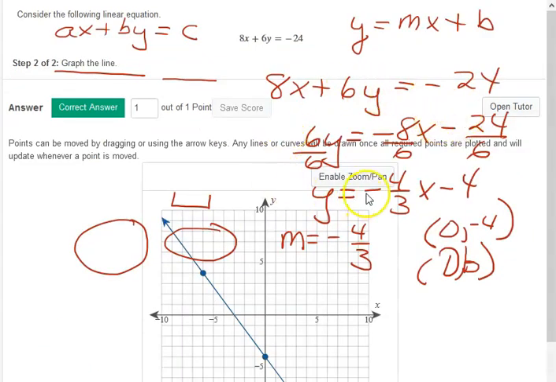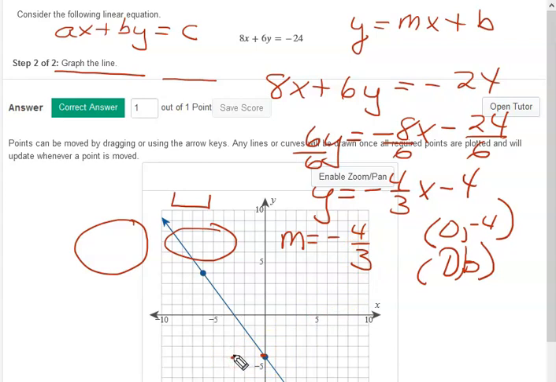Now I'll leave the writing up there because that'll help us with the graph. So what is our y-intercept? Well, our y-intercept was a -4, which is right there. And our slope is -4/3. So we said go over 3 for the x to the left. 1, 2, 3, right there.